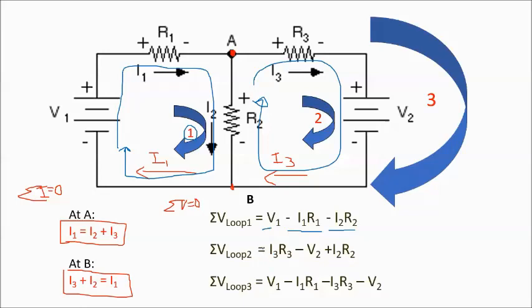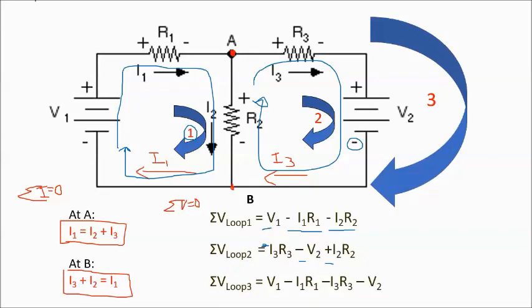Therefore, we have a negative I3 times R3. Negative ito ha. Okay, correct na lang. And then, next, we cross from positive to negative. So, ang sign ng electromotive force is negative, V2. And then, opposite tayo sa motion o sa direction ng I. That's why we have plus I2 R2.